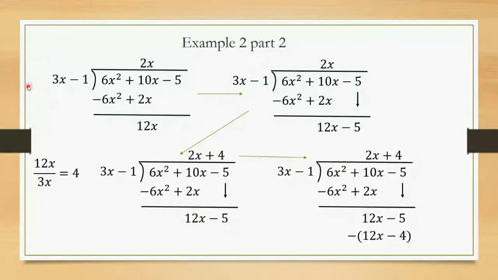I like to distribute the negative and add. So that's what I'm doing here. 6x squared plus negative 6x squared, you get 0. Here we have 10x plus 2x, we get 12x. Okay, and this minus 5 we bring down, as you can see. Notice I brought the minus sign down as well, not just the 5.